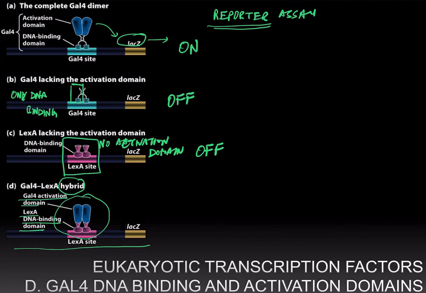And when they did this, they were able to detect beta-gal, which implied that the GAL4 activation domain was able to recruit RNA polymerase to the promoter even when the GAL4 DNA binding domain was not present, and the GAL4 activation domain was fused to the DNA binding domain of a completely different protein.